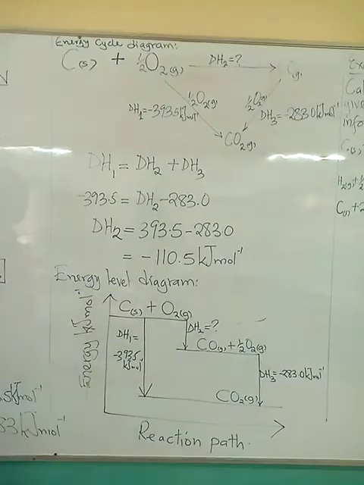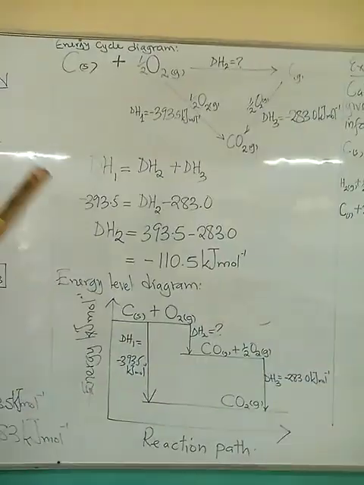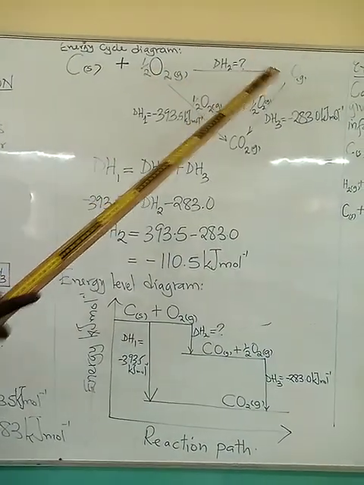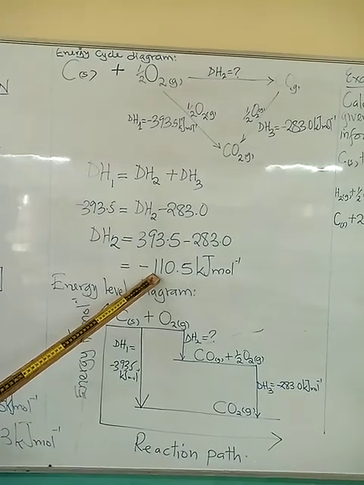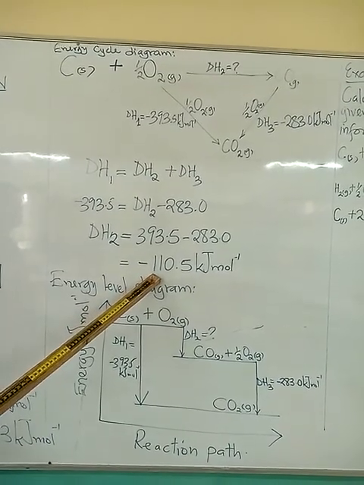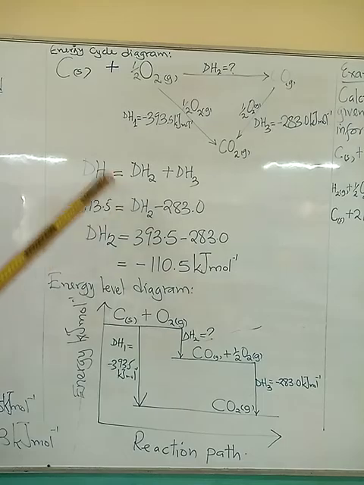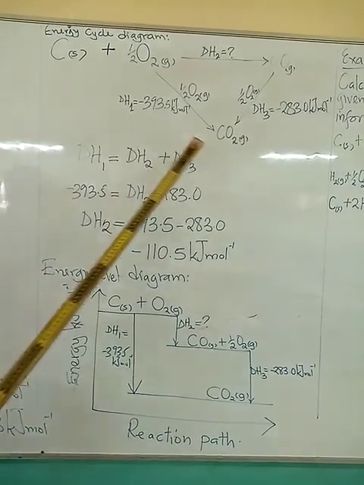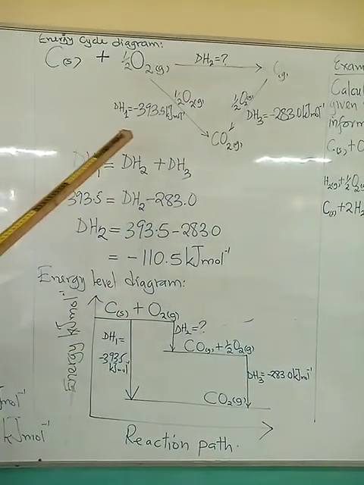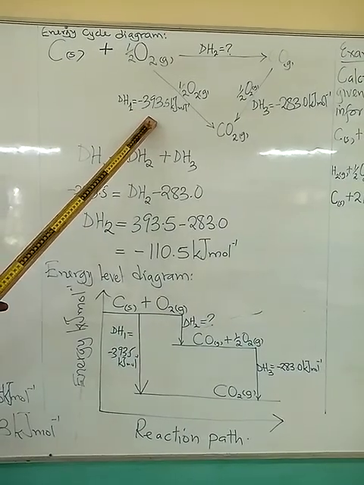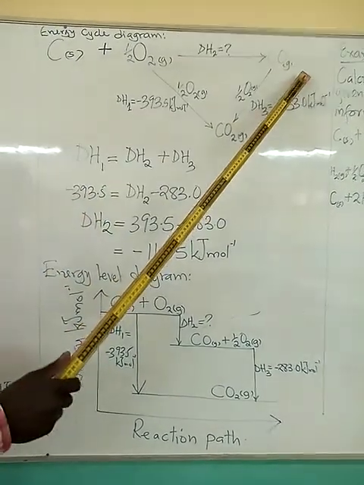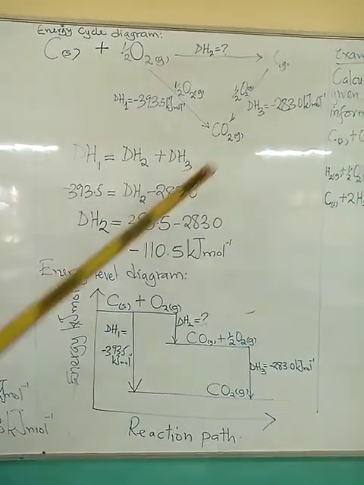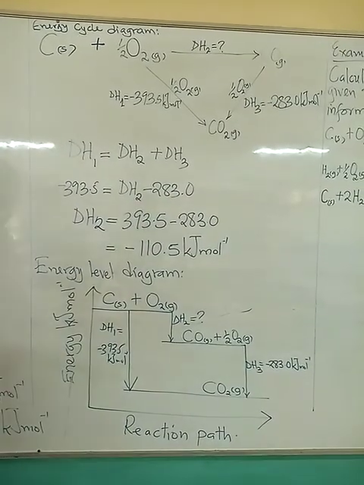In this case, if you look at the enthalpy for formation of carbon monoxide, the value obtained was negative, showing that the reaction is exothermic. The enthalpy for direct combustion of carbon to form carbon dioxide also was a negative value, therefore it was also exothermic. The same applies for the combustion of carbon monoxide to give us carbon dioxide.